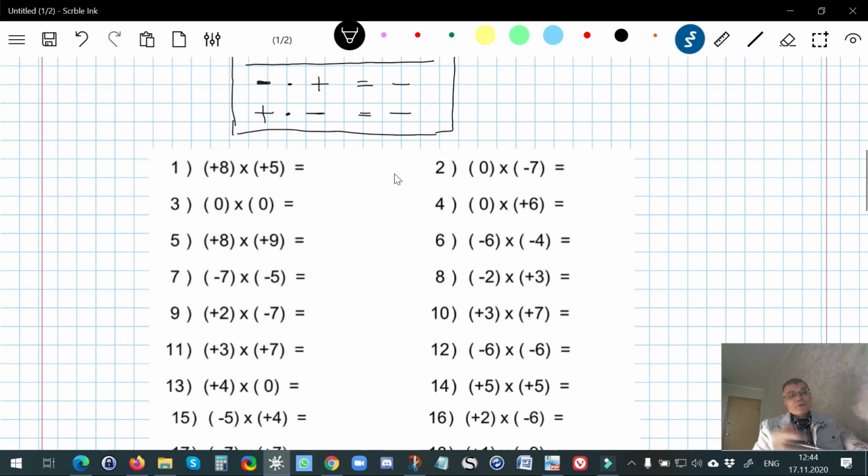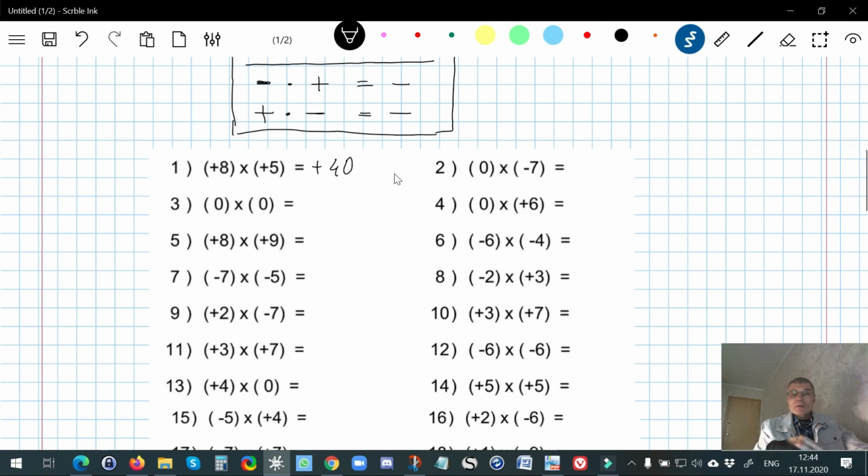First, I determine the sign. Positive times positive means positive, and 8 by 5 is 40. When I deal with 0, some guys say, in this case, negative 0. It's correct, of course, but 0 is a unique number. This number equals itself being positive and negative.